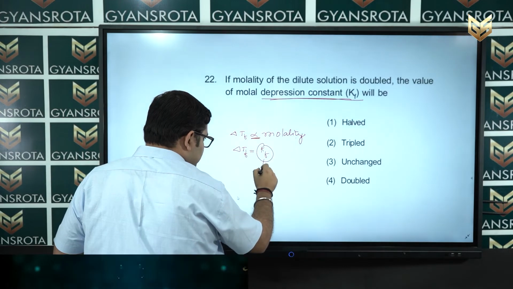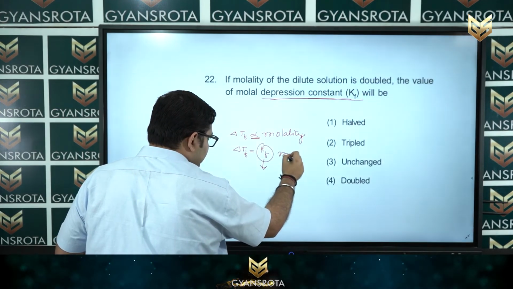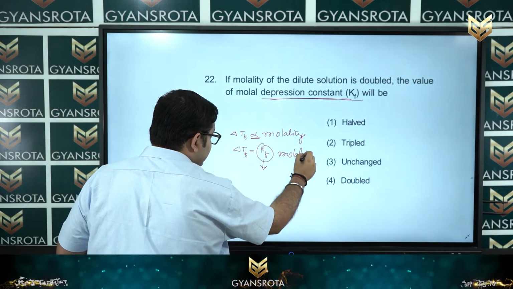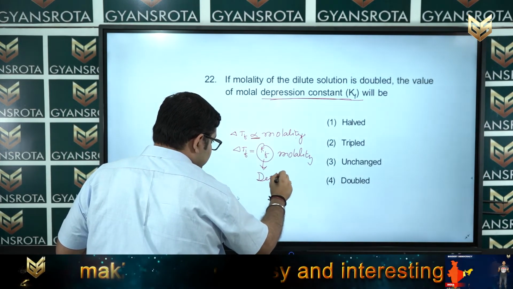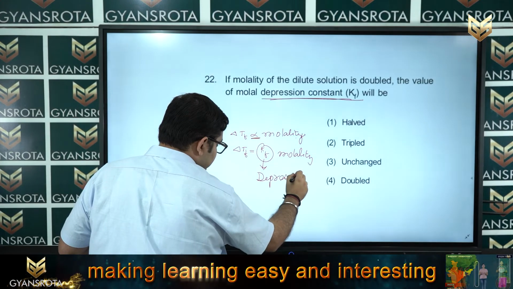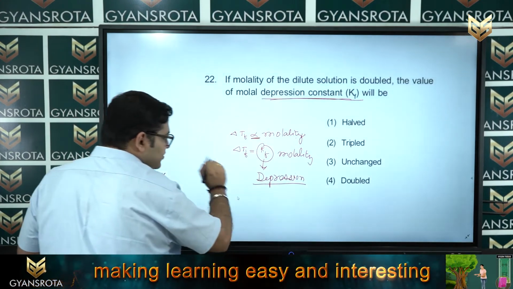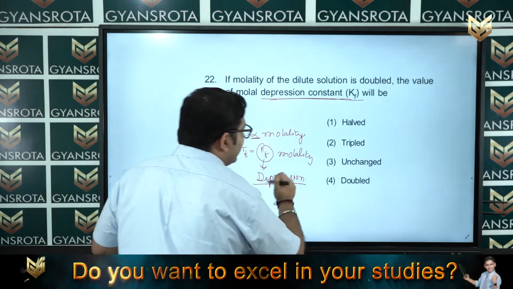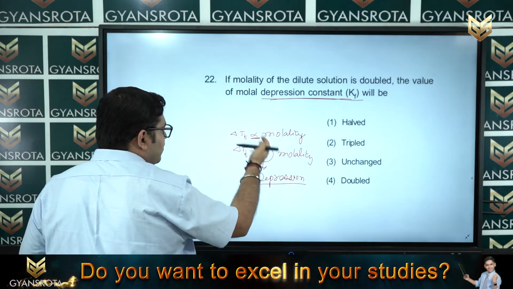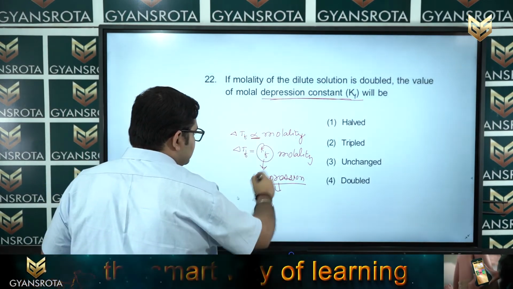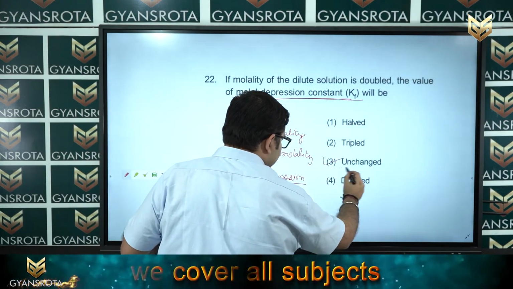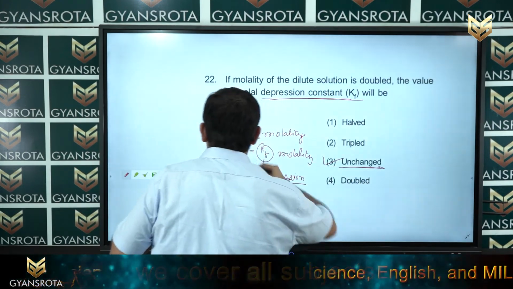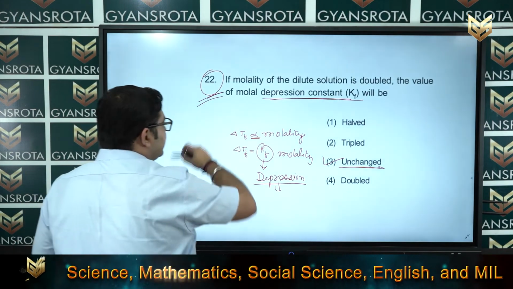So this is the proportionality constant, and this is known as molality, and this constant is known as depression constant. The depression constant will not change. If your concentration doubles, triples, whatever, this is a constant value. So this will not change. So, option number 3, unchanged, is the correct answer of question number 22.